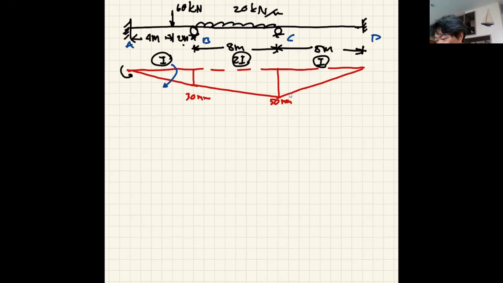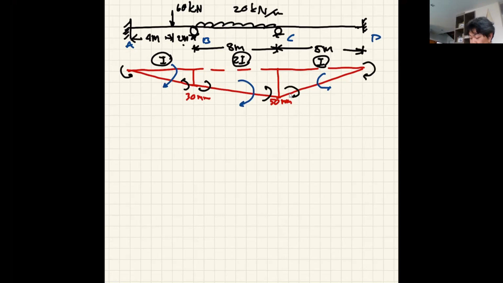So your fixed end moment would be like this, and you would expect it to be negative. And member BC would rotate clockwise as well, and therefore the fixed end moment would be counterclockwise, or negative. In the meantime, member CD is rotating counterclockwise. Therefore, the moment that will resist this would be clockwise.